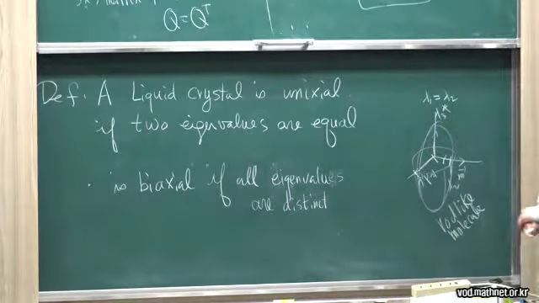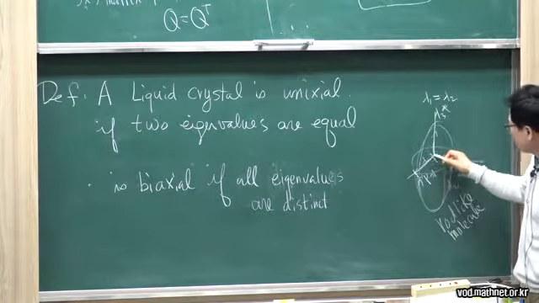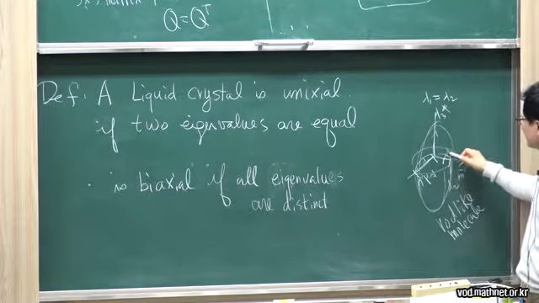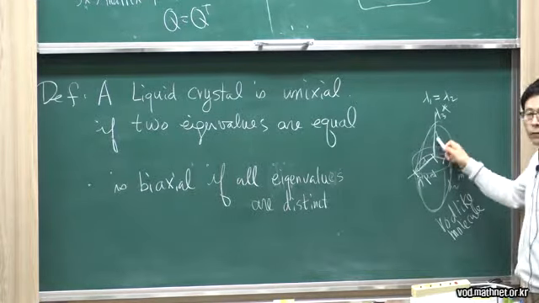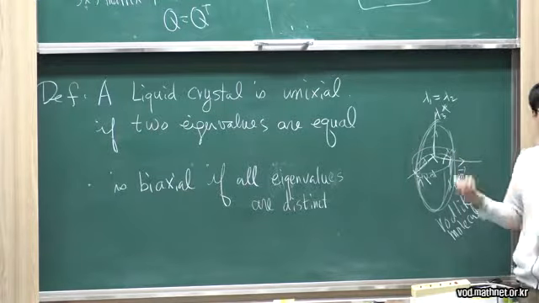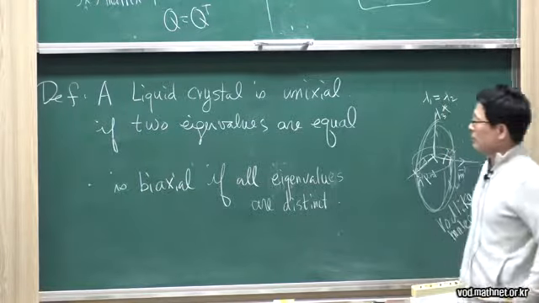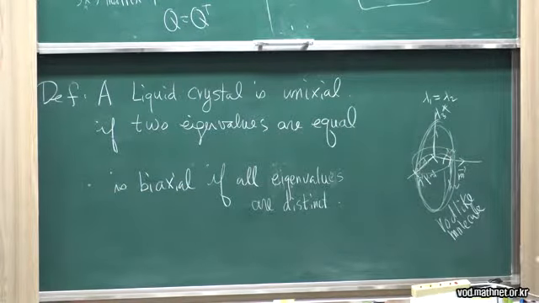This is lambda 1, the length is lambda 1, this is the length lambda 2, and these three are all different. Which means it is not rotationally symmetric, so rotational symmetry is broken. This is a biaxial region.